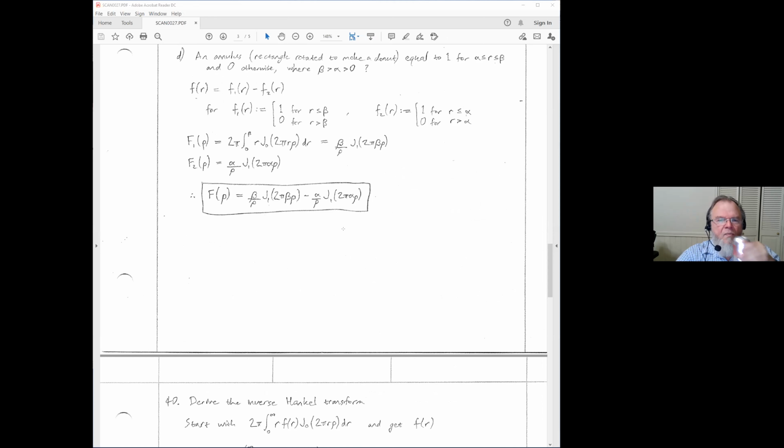All right. So I defined the annulus function by 2 circle functions, and I took the transform of each and then took the difference.